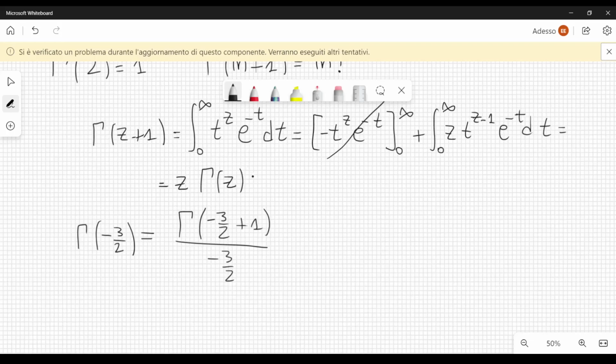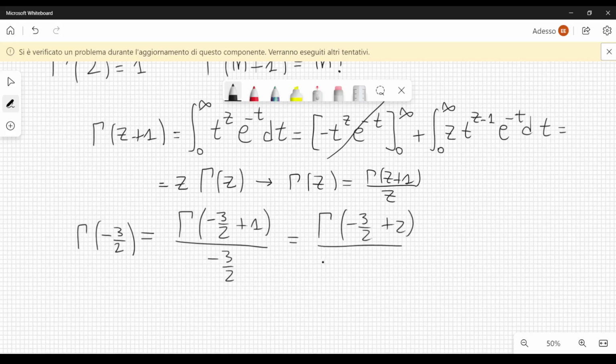I have simply used this formula by rewriting it as gamma of z equal to gamma of z plus 1 divided by z. Then, if we use it one more time, we can rewrite this as gamma of minus 3 halves plus 2 divided by minus 3 halves times minus 3 halves plus 1. And this is simply equal to 4 over 3 gamma of 1 over 2.